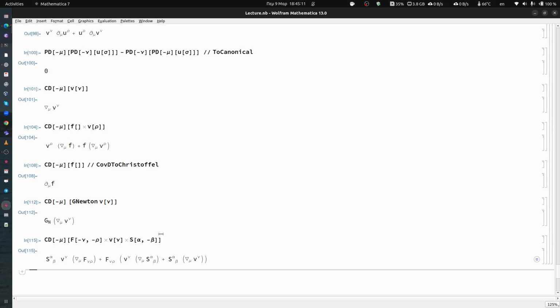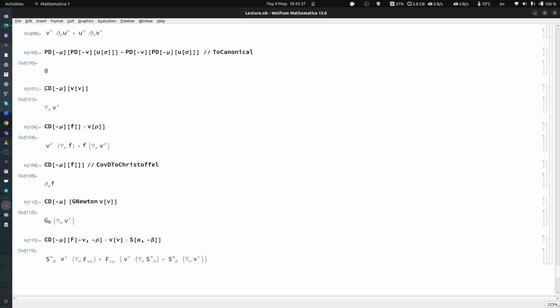And obtain more terms like that. So we can always expand an expression that has the covariant derivative of a tensorial expression to an expression that involves the partial derivative and the Christoffel symbols. And that is done by the application of the function CovDToChristoffel.